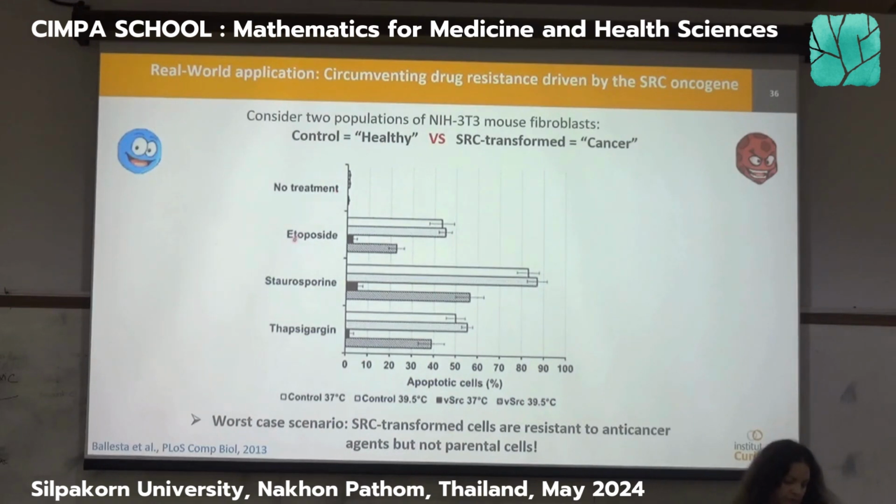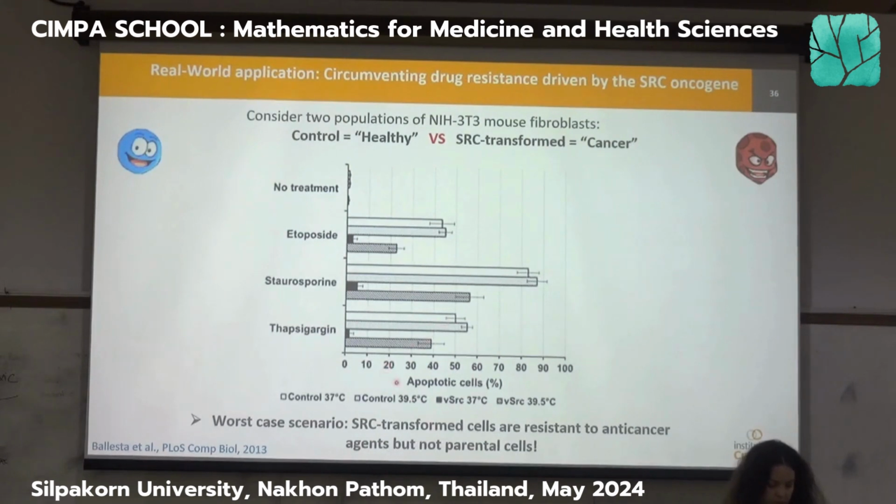If you expose the cells to etoposide, you will get some death here in the white bars, actually a bit less than 50% of the cells are dying. If you expose them to staurosporine, that's a disaster because 80% of your healthy cells are dying. And if you expose them to thapsigargin, you also get plenty of death.